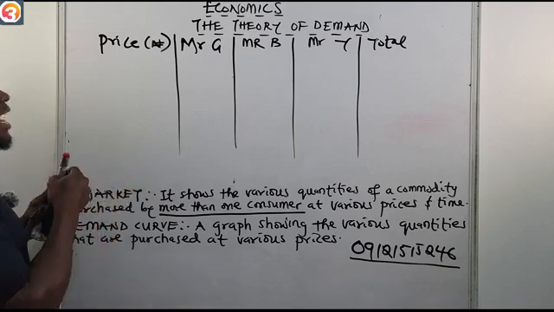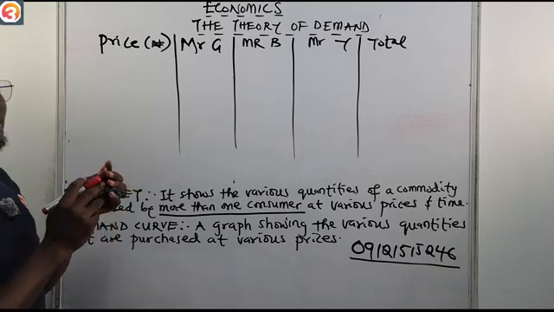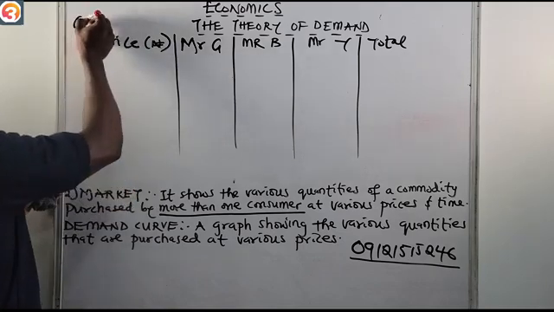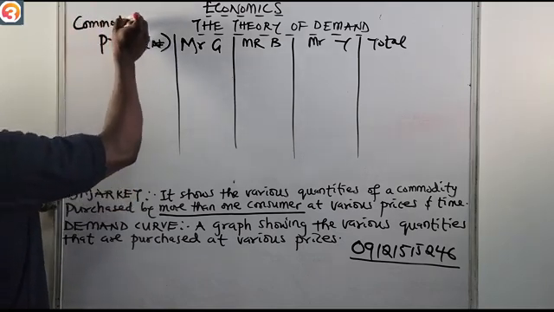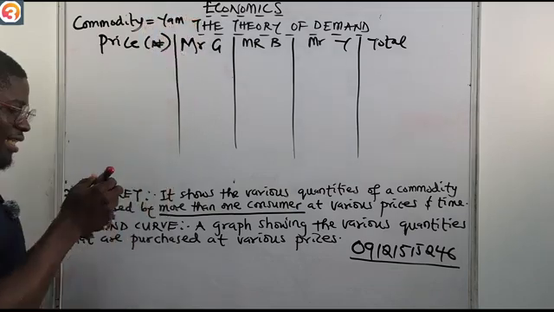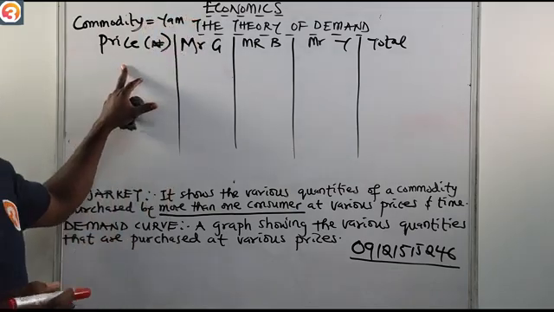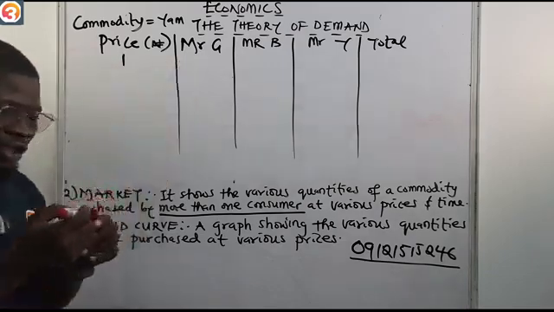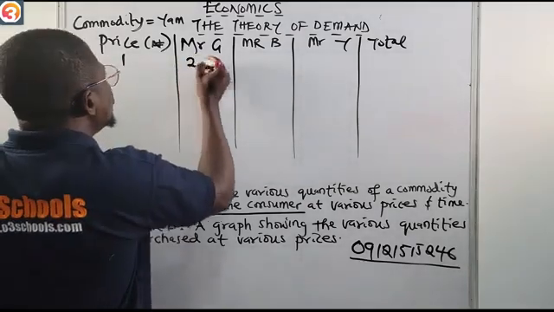Let's say the commodity is yam. When the price of yam was 1 naira, Mr. Green was able to afford 20 tubers.